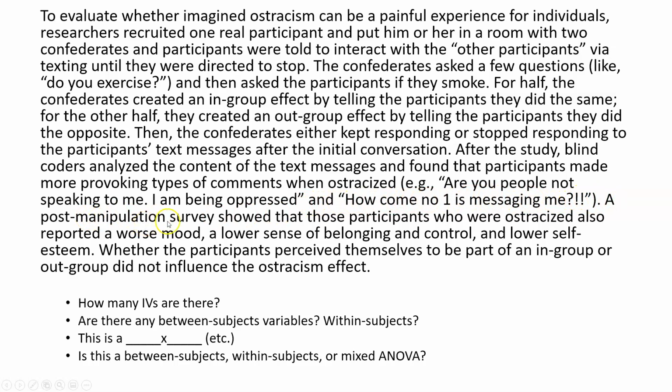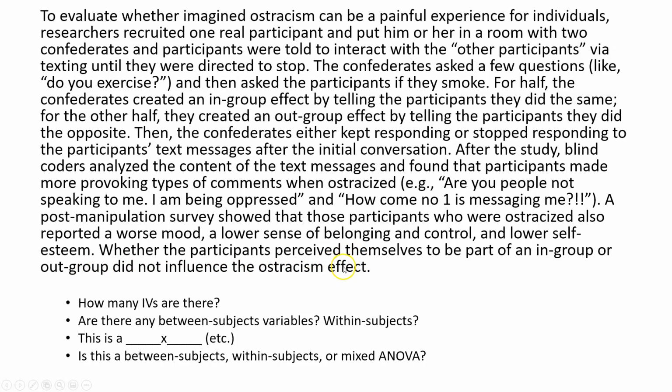A post-manipulation survey showed that those participants who were ostracized also reported a worse mood, a lower sense of belonging and control, and lower self-esteem. Whether the participants perceived themselves to be part of an in-group or out-group did not influence the ostracism effect.